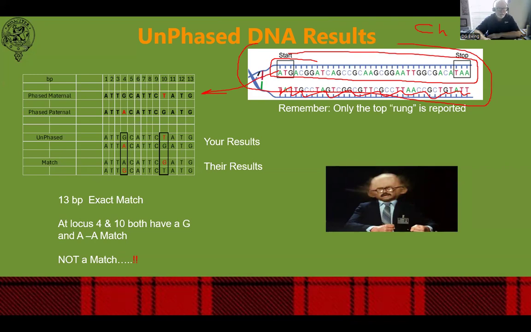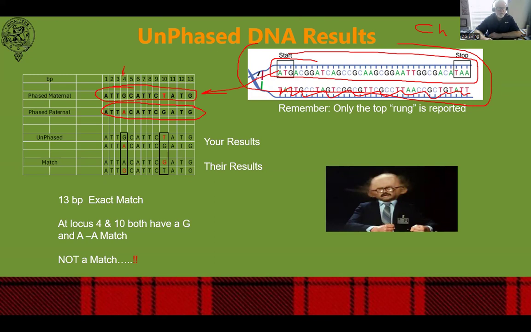And these don't match, so don't let that hurt you. So here we go. We're using the upper rung of mom's DNA on chromosome 10, and here is the upper rung of dad's. Notice that mom and dad match except in position 4.